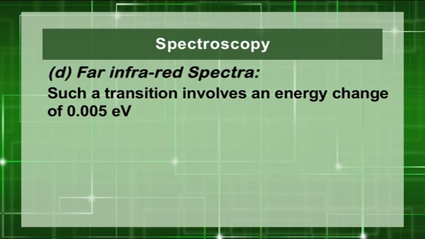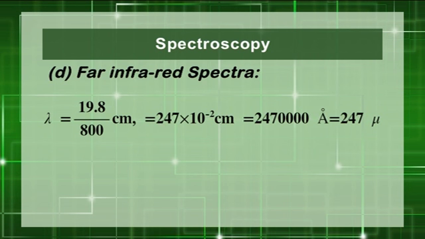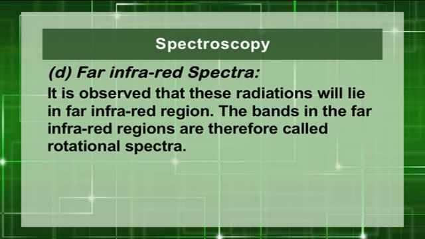Such a transition involves an energy change of 0.005 eV, and thus the frequency of radiation is calculated by using the following formula. It is observed that these radiations lie in the far infrared region. The bands in the far infrared region are therefore called rotational spectra.